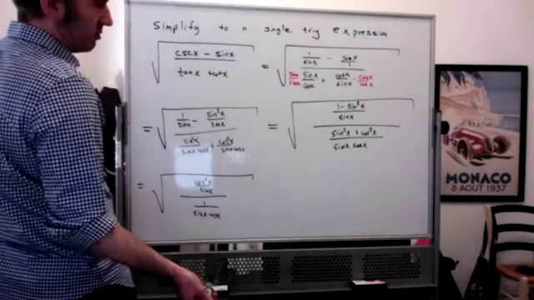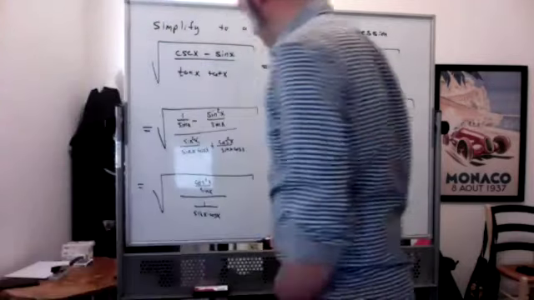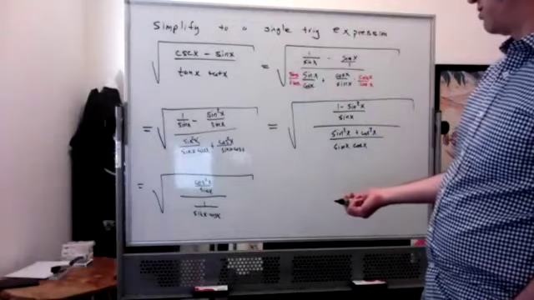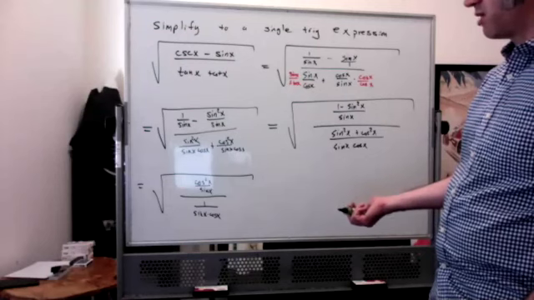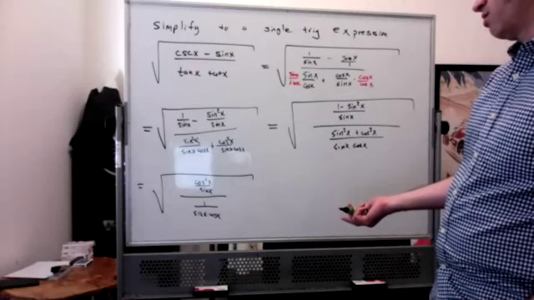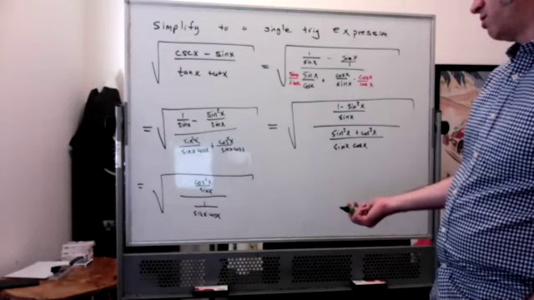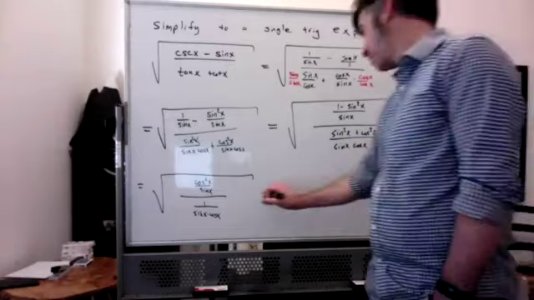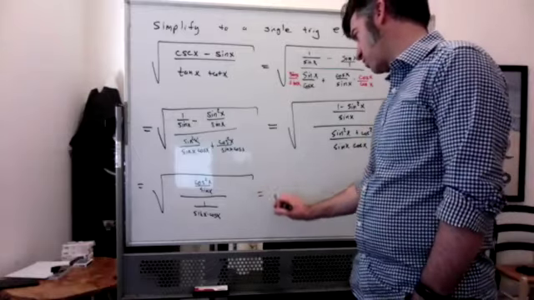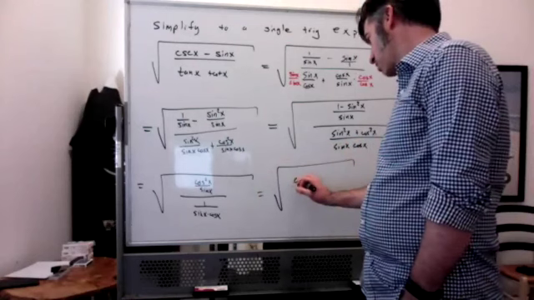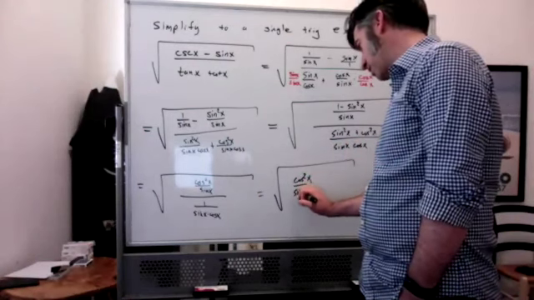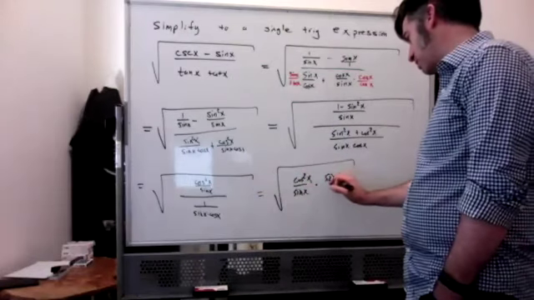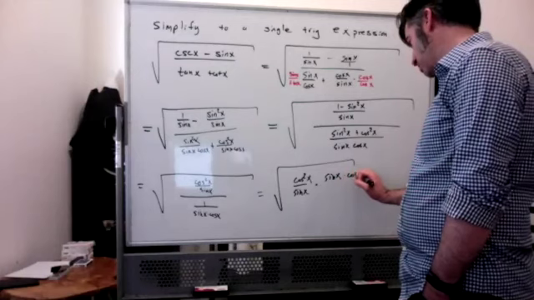I think I might have made, not a mistake, but this might not end up being exactly what I wanted, which is fine. Interesting. I definitely got an extra term somewhere that I didn't mean to get. This is going to be equal to the square root of cosine squared x over sine x times the reciprocal of this, which is sine x times cosine x over 1.